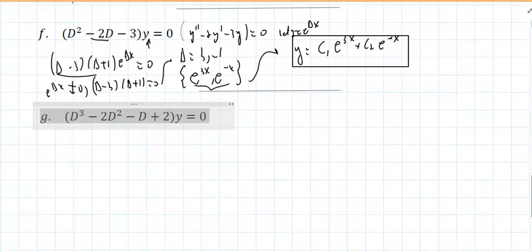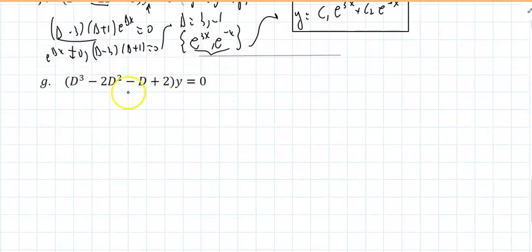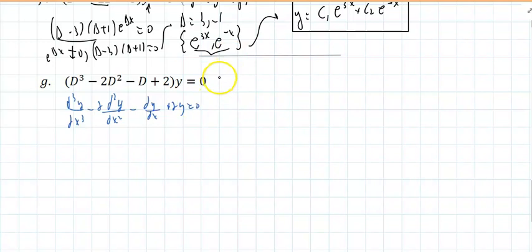What this is, and you don't have to write this, I'm writing this so you know what it is, this is really saying you must have taken the third derivative minus twice the second derivative minus a derivative plus twice y equals 0. Or you were looking at y triple prime minus 2y double prime minus y prime plus 2y equal to 0.